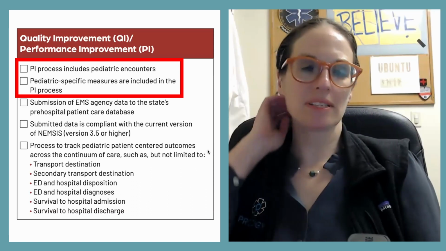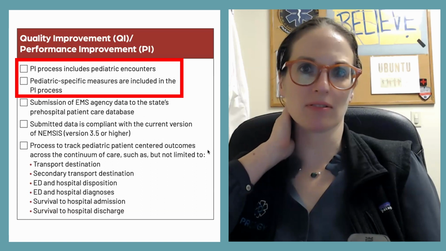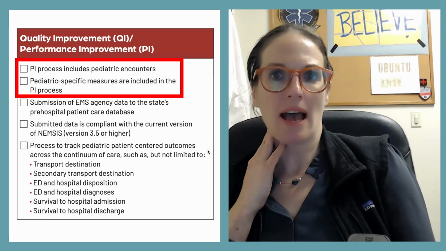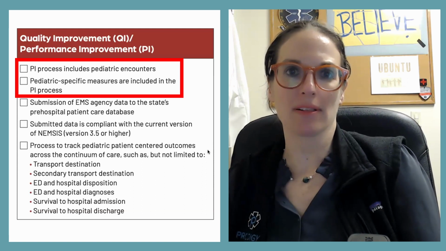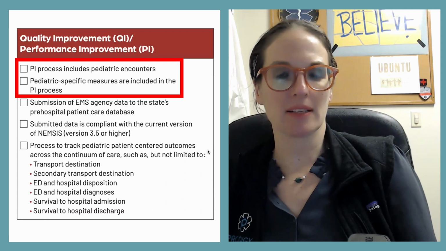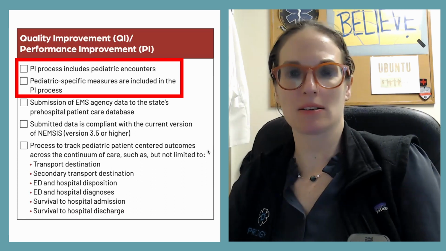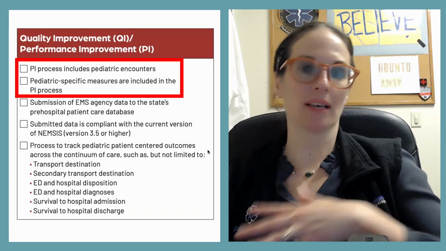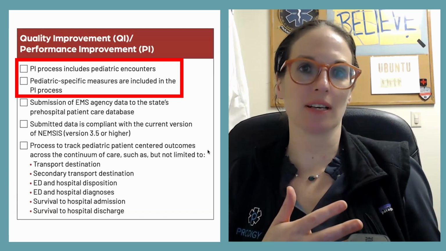And I think this is a good place to highlight the National EMS Quality Alliance. NEMSQA has developed national quality metrics for EMS systems that are validated quality metrics. There are some pediatric specific metrics, as well as other metrics that children are definitely included in.